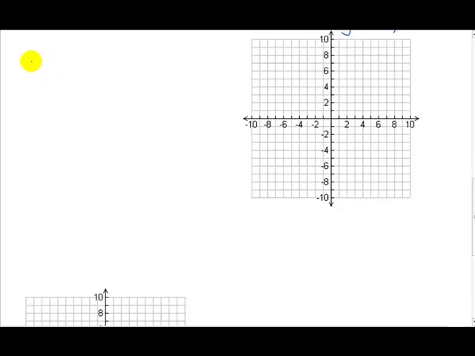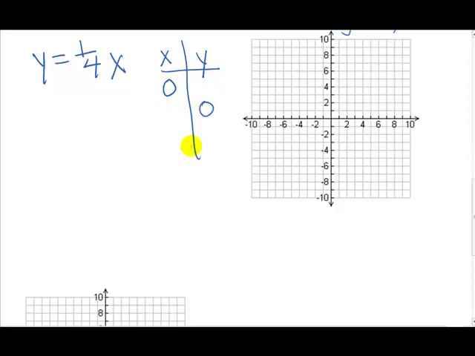Okay, let's try this problem. And remember, we're looking for the intercept, so we have to choose 0 for x and 0 for y. And then I mentioned earlier that if we have a fraction with x, we'll choose that denominator. But let me move it over here. Okay?